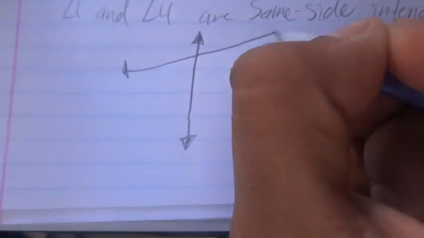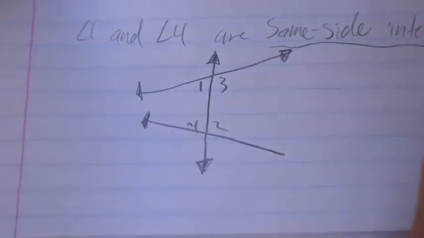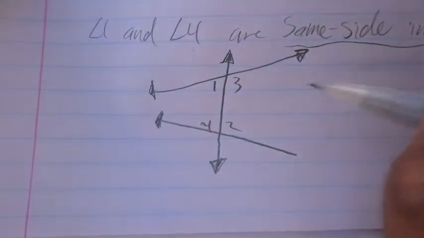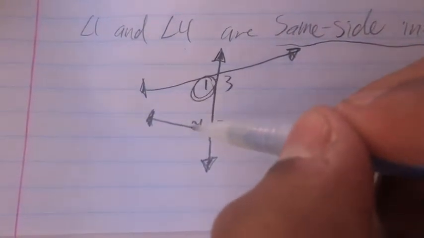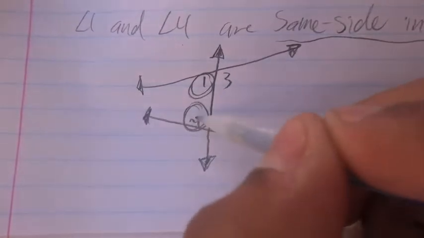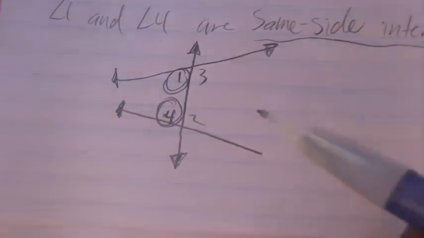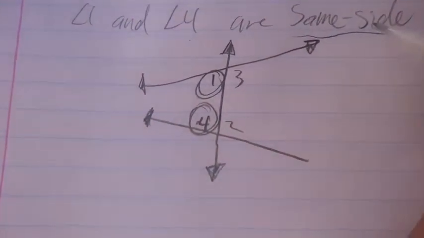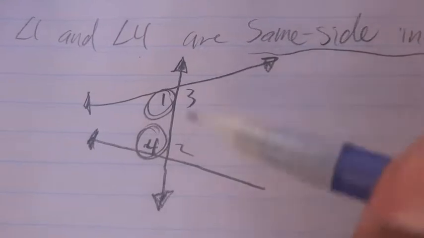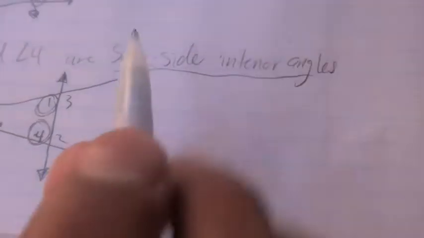Here's the transversal between these two. 1, 3, 4, 2. Since these are same side interior angles, it will be 1 and again 4. What are those called again? Same side interior angles. This right here is shown.